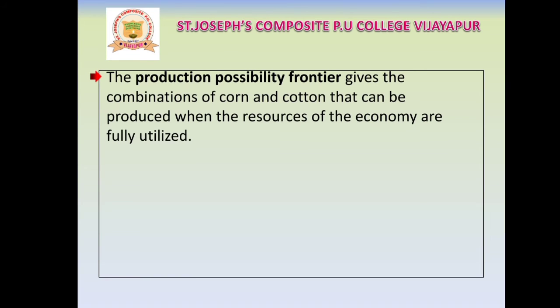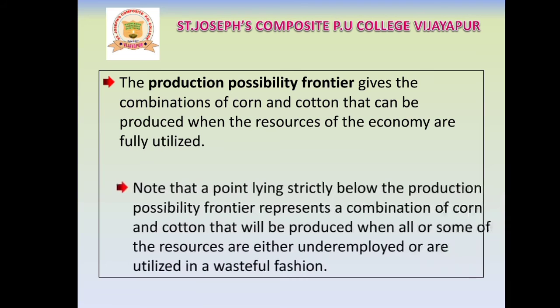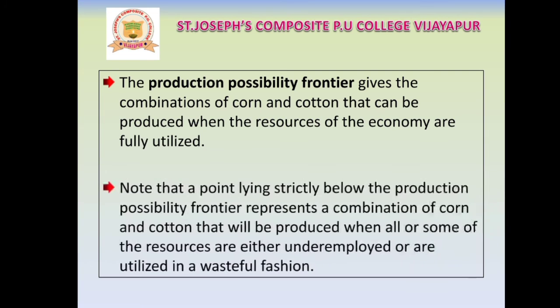The production possibility frontier gives the combination of corn and cotton that can be produced when the resources of the economy are fully utilized. But note that a point lying strictly below the frontier represents the combination of corn and cotton that will be produced when all or some of the resources are either underemployed or utilized in a wasteful fashion.